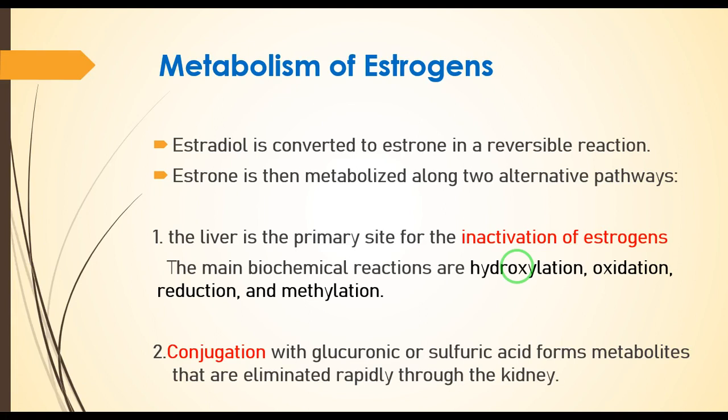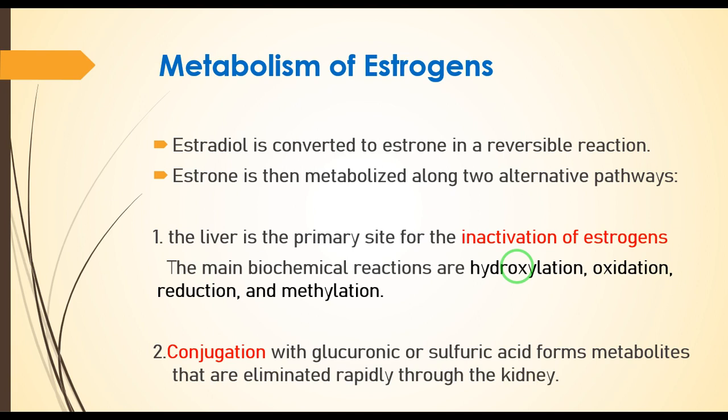How is estrogen metabolized? The main active estrogen, which is the estradiol, is converted to estrone. Then the estrone has two pathways. Either it is conjugated with glucuronic acid, so it becomes water soluble and can be removed in the urine by the kidney, or the estrone undergoes more reactions. The aim of these reactions is to inactivate it.